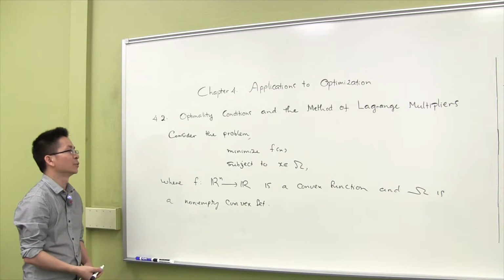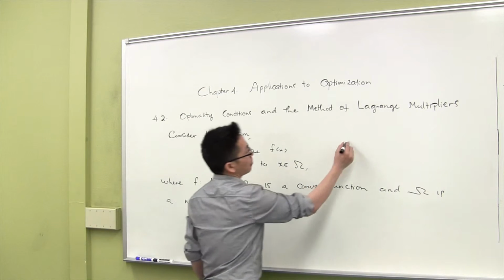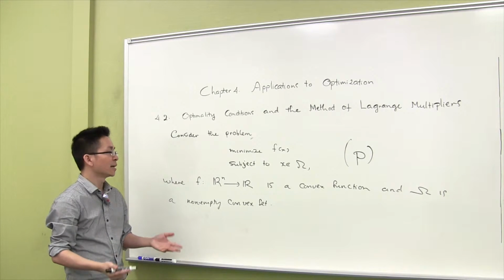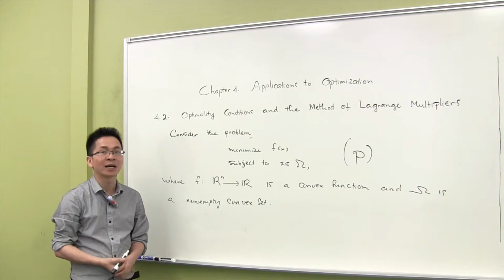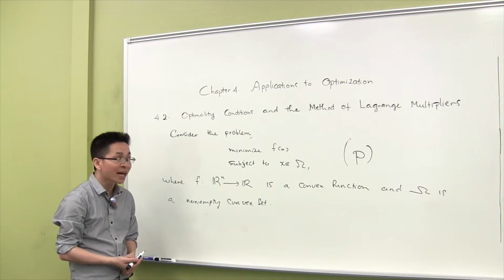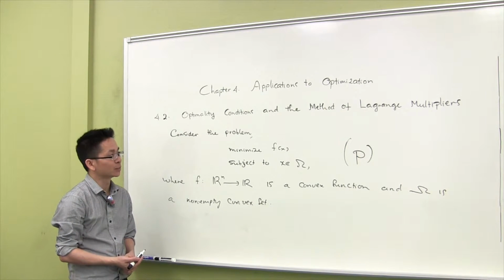So in this situation, we say that P here is a convex optimization problem. Again, f here is a convex function, and omega, the constraint set, is a convex set. Therefore, we say that P is a convex optimization problem.